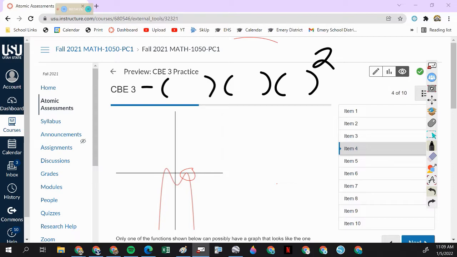So I can put x's in all of those. What can you tell me about this factor? So this one here. It's got to be a plus sign, right? So whatever number is in there, it's positive. I don't know what the number is, so I'm going to call it A.